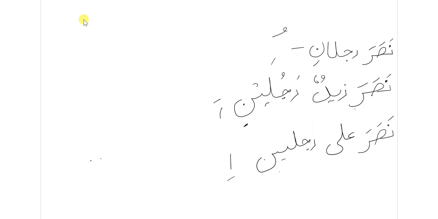And for example with ala, a harf jarr, the example of rajulaini with ya noon: ala rajulaini. So this is in halat rafi, this is in halat nasbi, and this is in halat jarri. This is the I'rab of tasniya word.